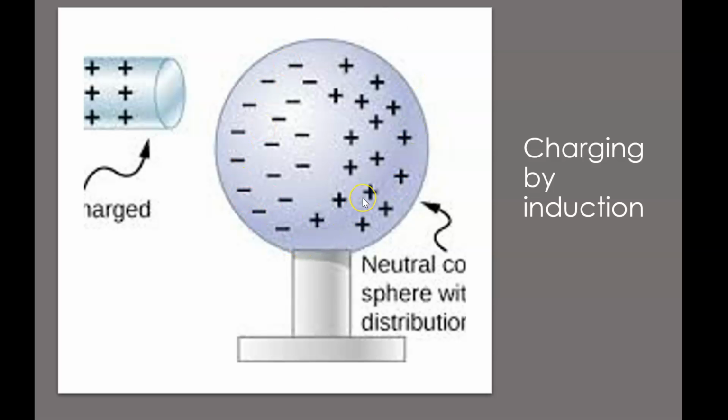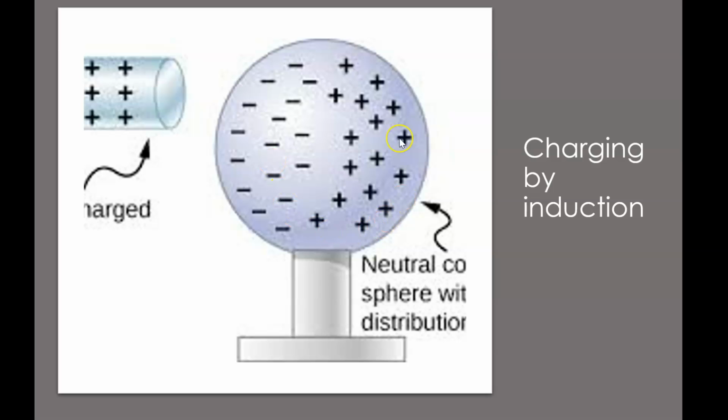Same number of charges, but when you bring a positively charged rod toward that neutral object, the electrons that can move will move towards that positively charged object. So this is basically inducing a charge. Okay, there's a charge separation here.